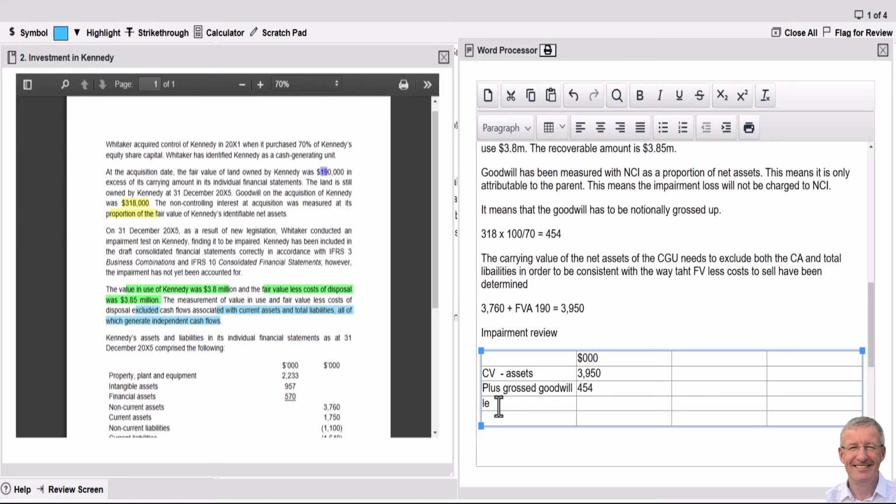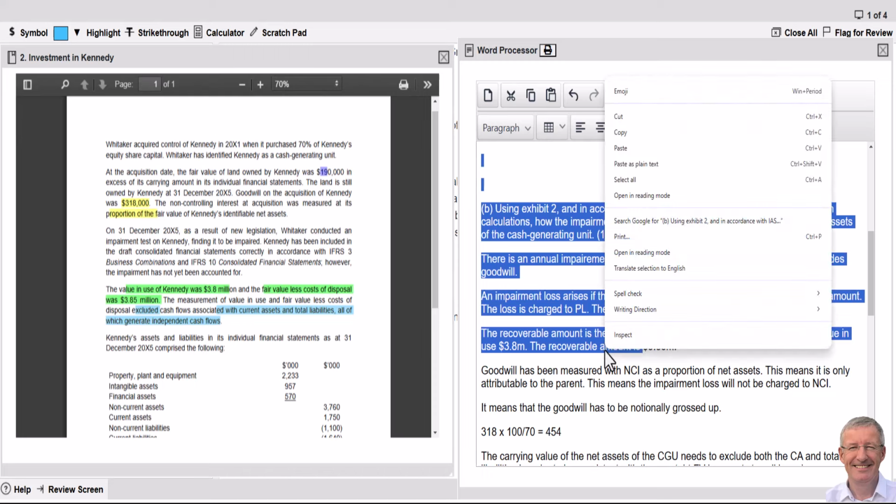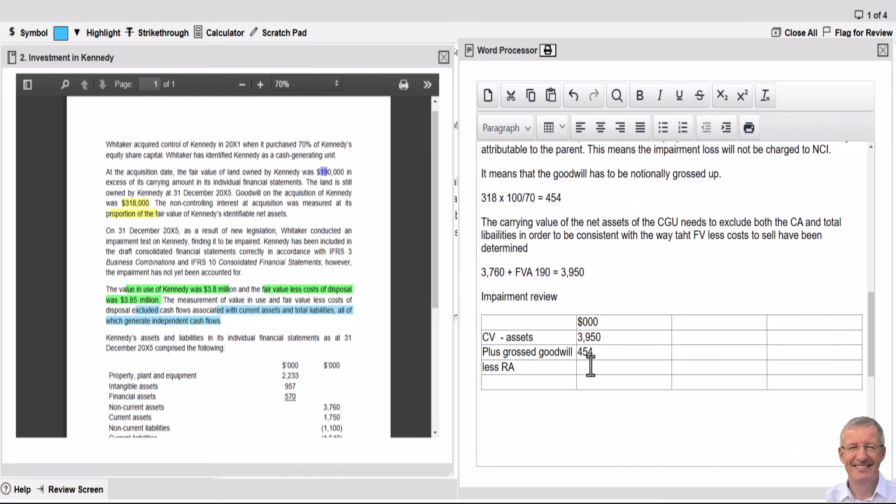We will then deduct away from that the recoverable amount, and the recoverable amount we know here is 3850 million, so it's 3.85. So that's going to be minus 3,850, and this will then give us the impairment loss.